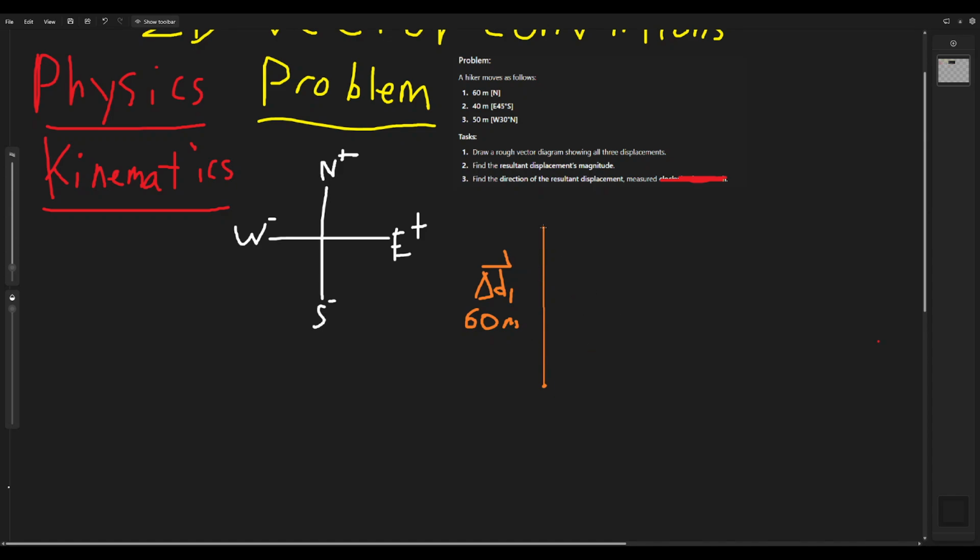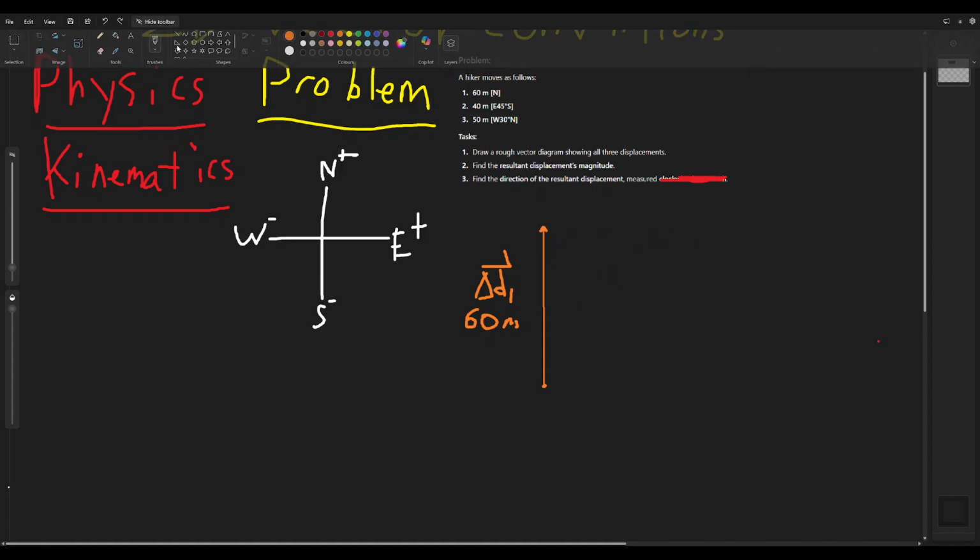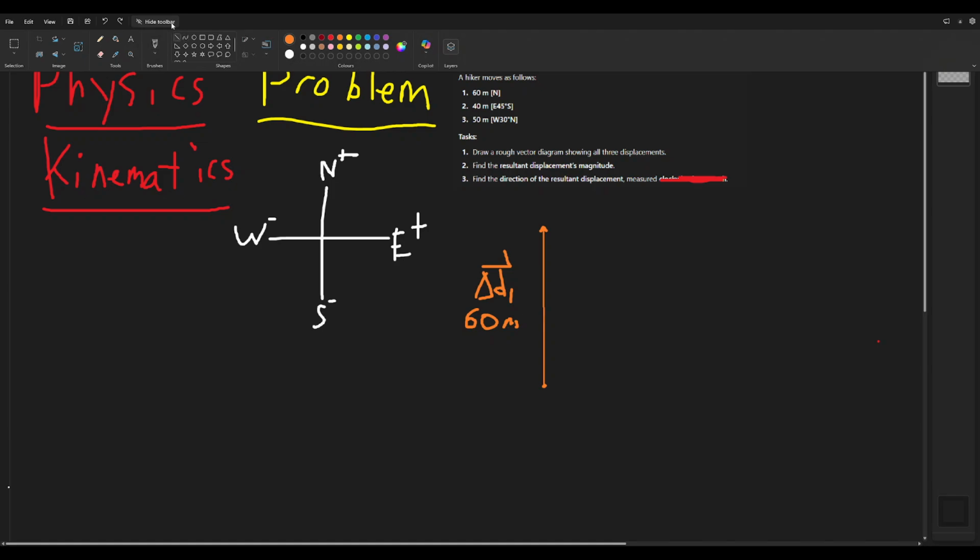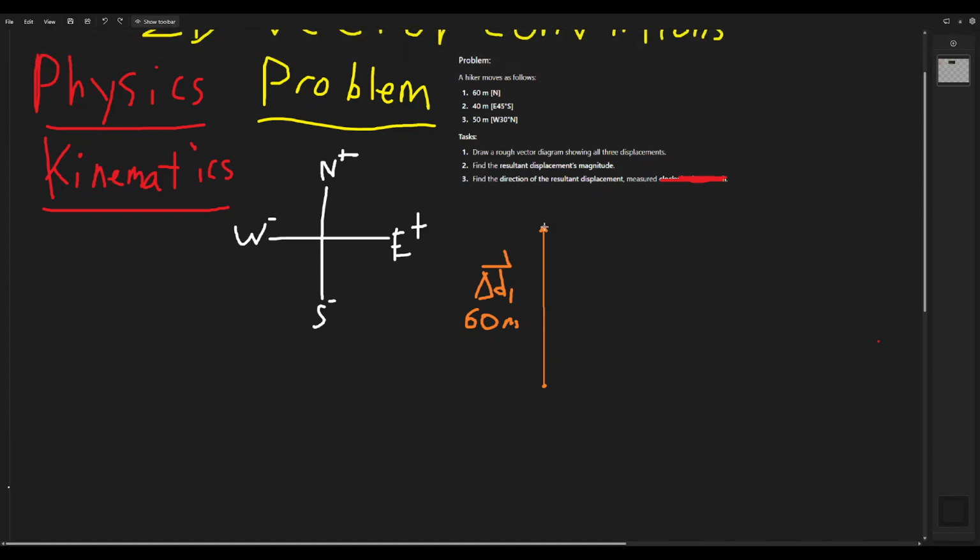And then from that point, we go 40 meters east, 45 south. So what that basically means is we look east, and then we droop towards south at a 45-degree angle. I don't have a protractor, so I'm just gonna try and be as accurate as I can.